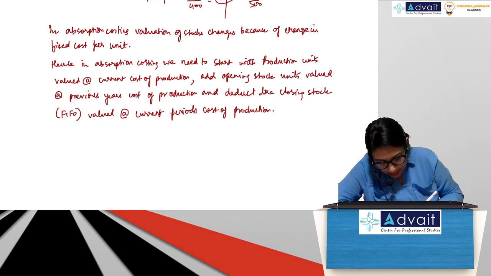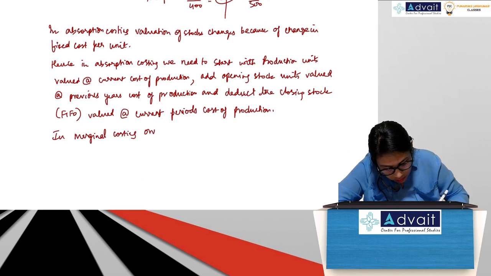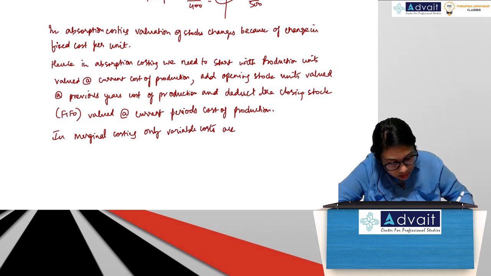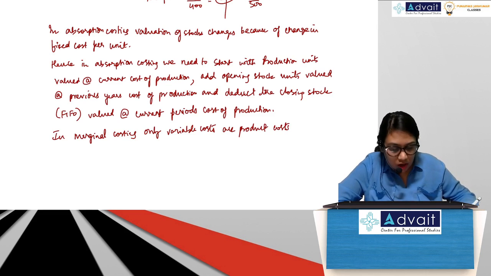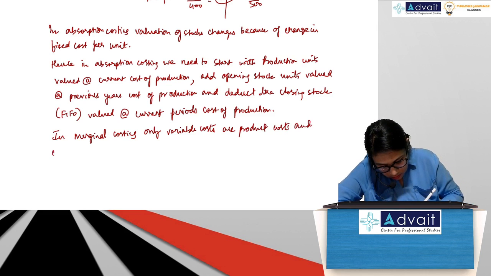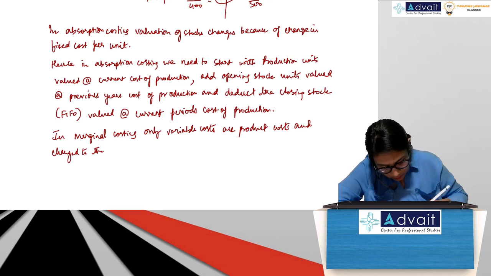Now write, in marginal costing, only variable costs are product costs and charged to the products.